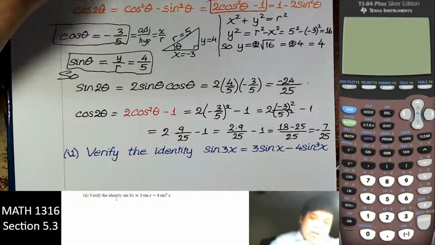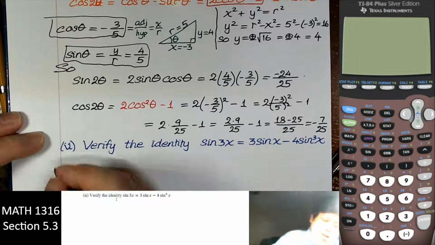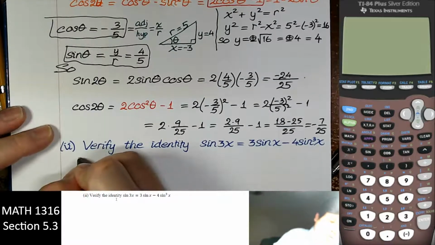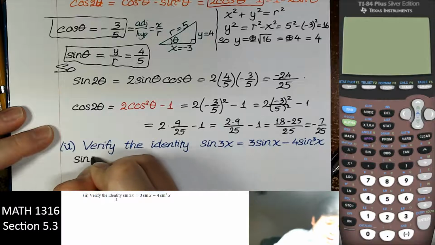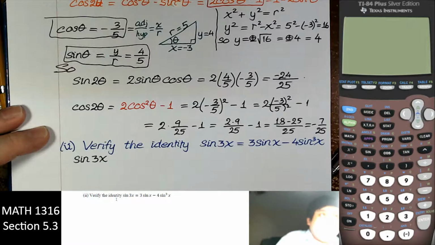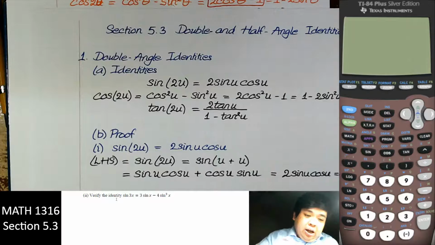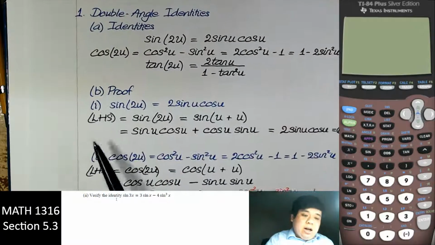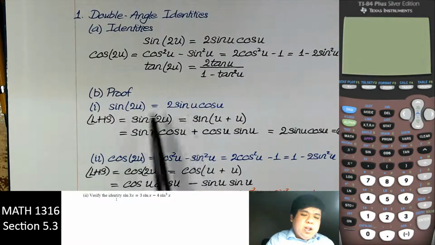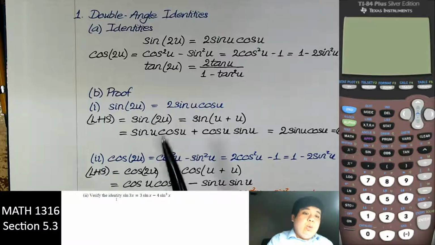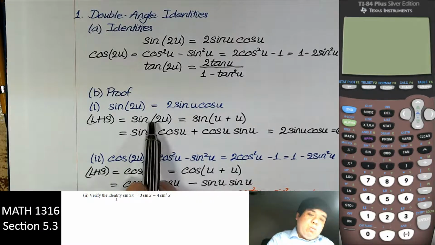Sine of 3x. We have a double angle, but this is a triple of an angle. So we refer to sine of 2u is 2 sine u cosine u. We know the double, so we do a similar thing.